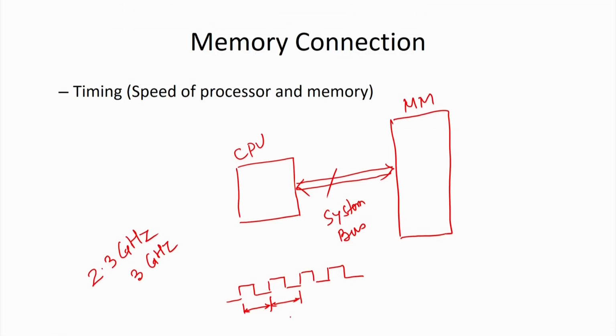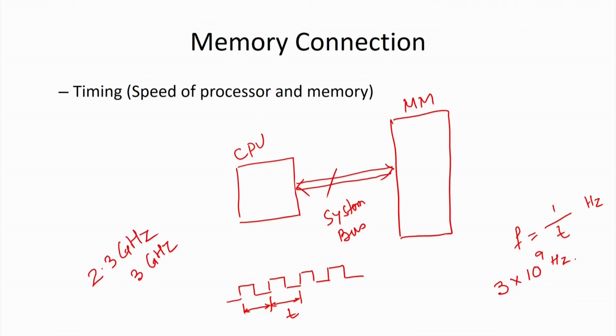This is called the time period of the signal, and the frequency is nothing but 1 upon that time period, and its unit is hertz. So, if we say it works at 3 gigahertz, that means 3 gigahertz is equal to 3 into 10 to the power 9 hertz.